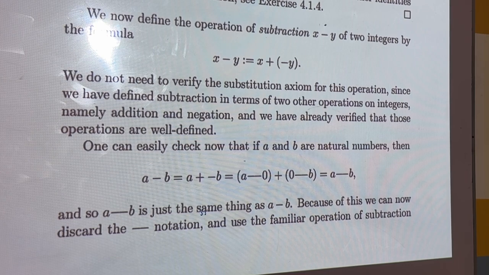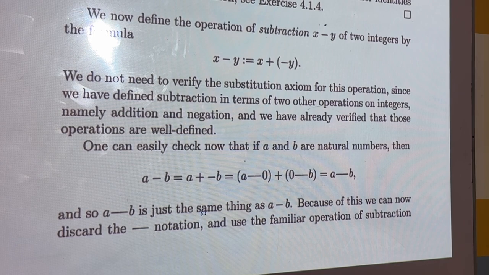A plus minus B. Over there he defined the operation. We now define the operation of subtraction xy for two integers. X minus y is x plus minus y. So he defined it that way, assuming that A and B are integers.